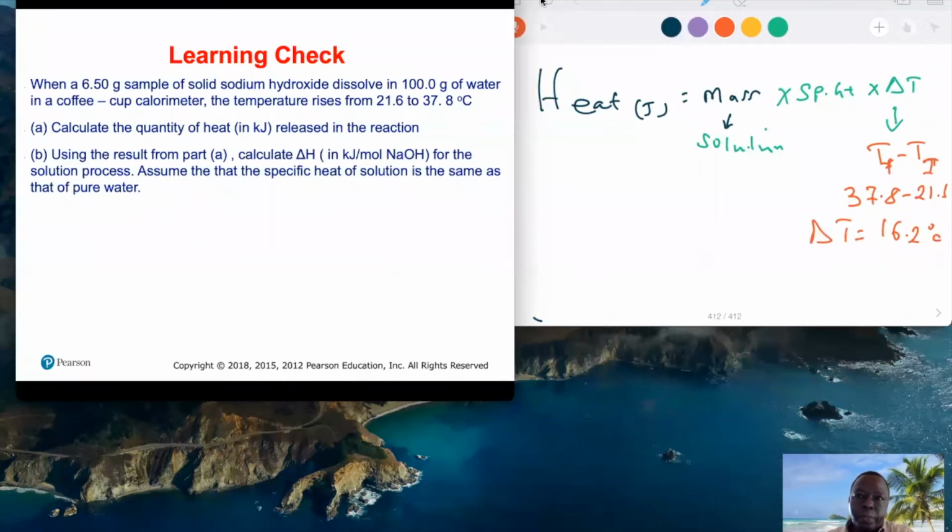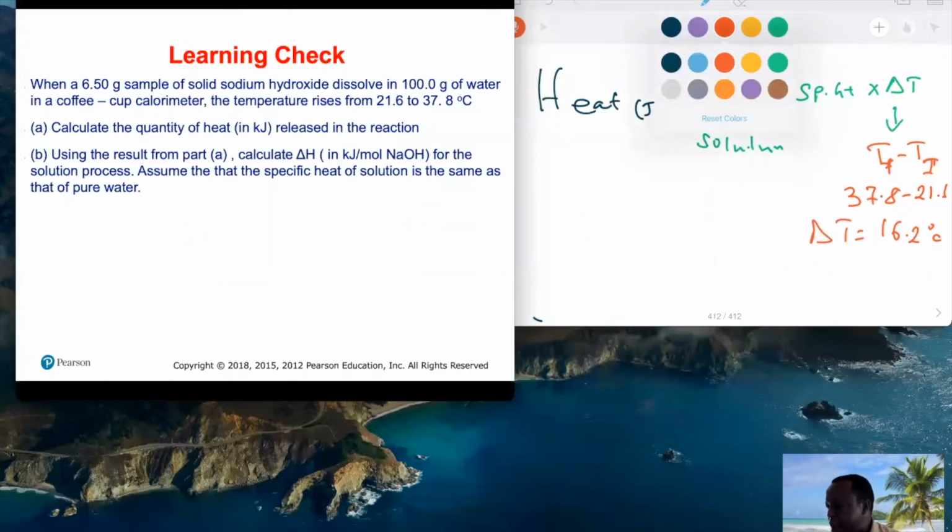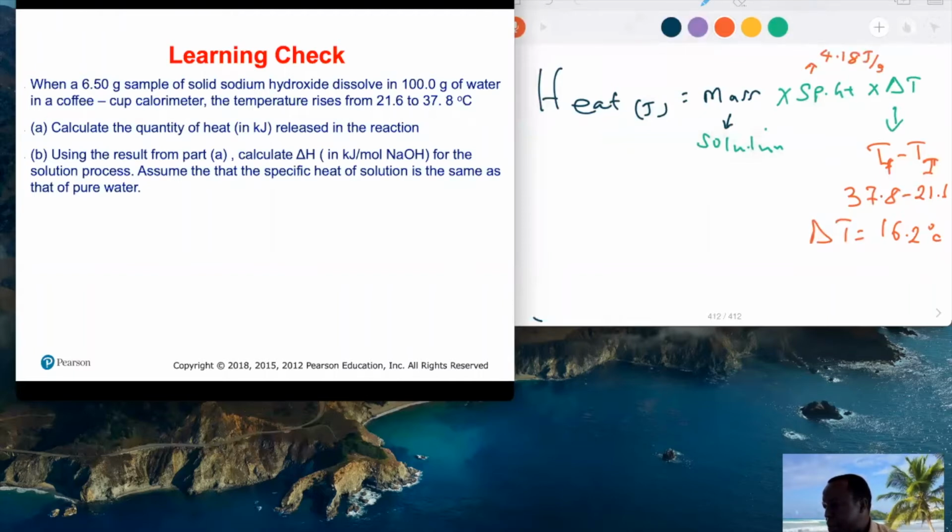The specific heat, you will be given this, and for this problem, the specific heat is 4.18 joules per gram times degrees Celsius. This is the specific heat of what?